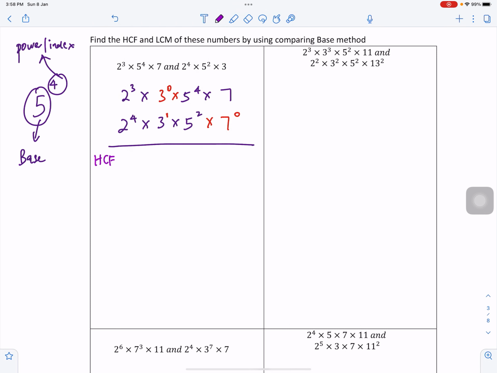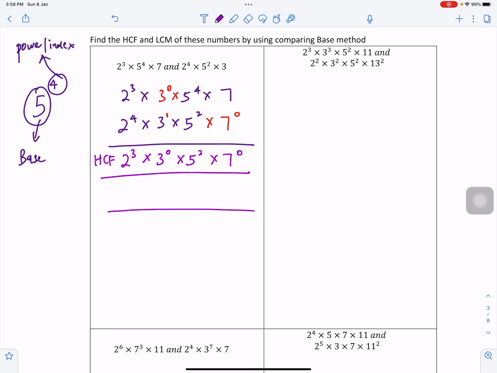HCF is to find the lower of the 2 powers in one base. For example, this will be 2 to the power of 3, 3 to the power of 0, 5 to the power of 2, and 7 to the power of 0. Essentially, you don't need to write the power of 0. You can just erase them, and this becomes your HCF, highest common factor. For the LCM in this case, you can use a calculator to find the answer.